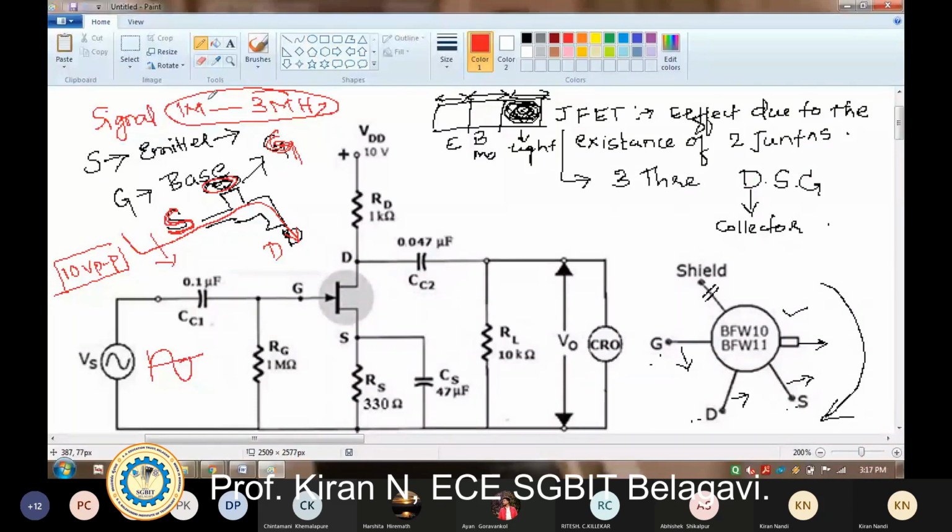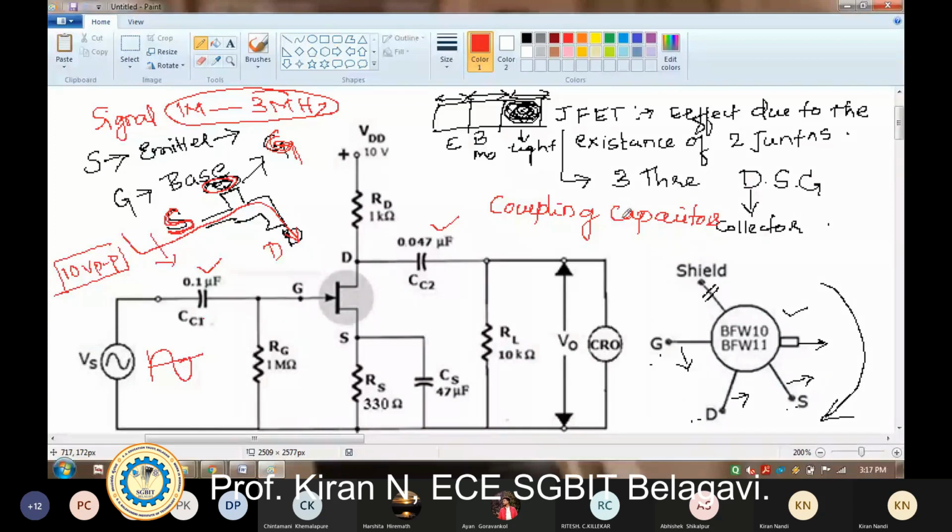Once we apply that, we apply the input signal to this capacitor. These capacitors, CC1 and CC2, are called coupling capacitors.